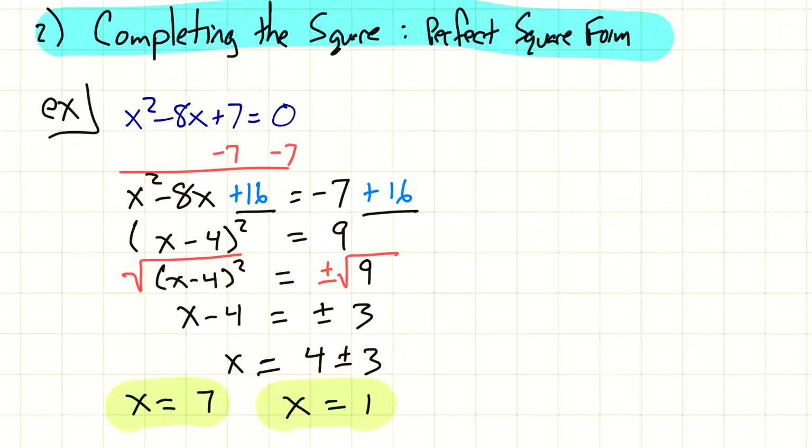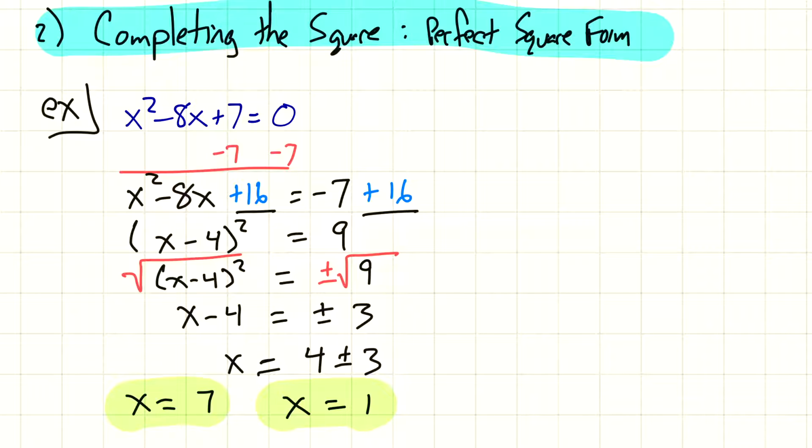And so when we reduce this, the square root and that squared go away. And if the square root is over a perfect square like 9, then you could always simplify it. So square root of 9 is 3. If you're not sure, use a calculator. You would just put square root of 9.